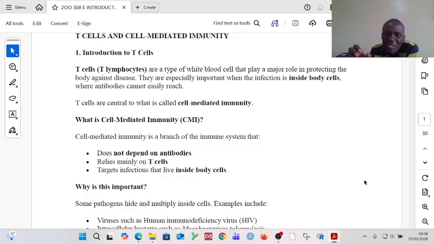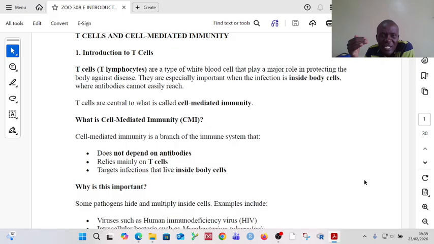So when there is an infection inside the cell, antibodies won't reach that infection. The immune system has to apply a different mechanism to target the pathogen. In this case, it brings in cell-mediated immunity, which is run entirely by T cells.